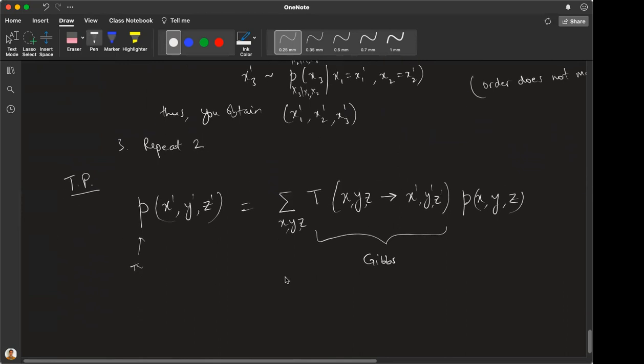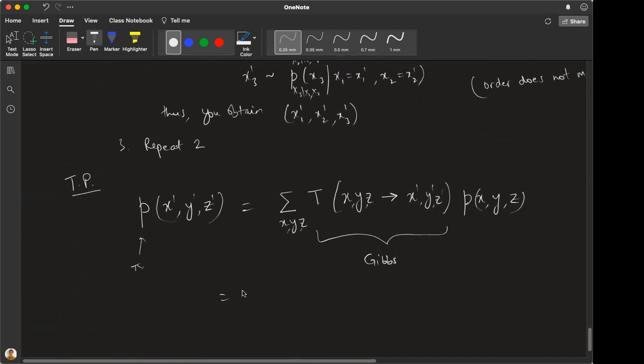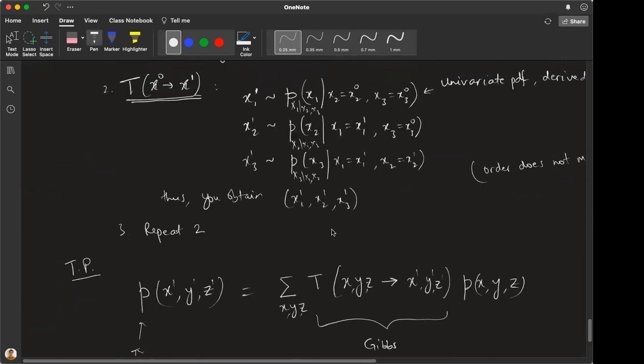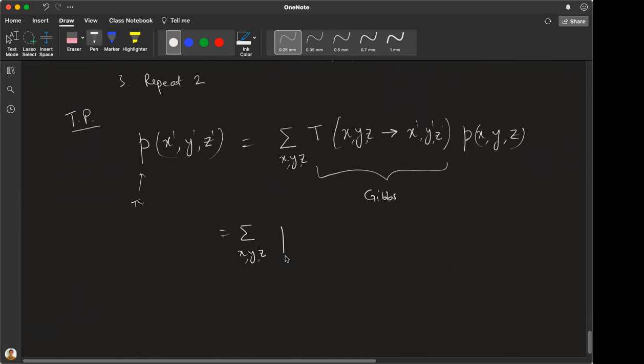So what does this algorithm say? This algorithm says that my T is eventually equal to the probability of x' given y, z, times the probability of the next step.